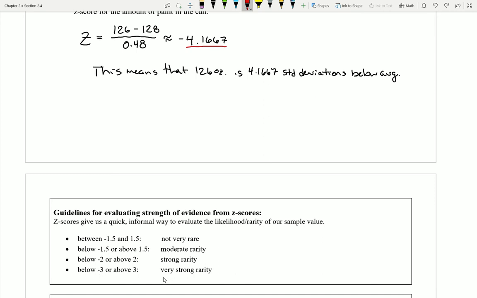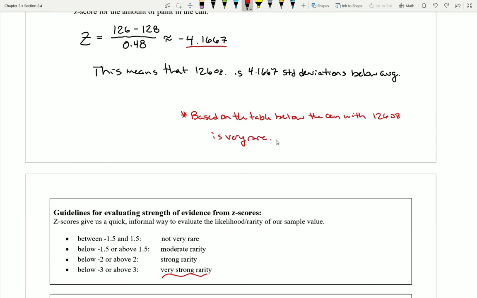That's definitely falling into this last category of a very strong rarity. In fact, I'm going to note up here that based on the table below, the can with 126 ounces is very rare.